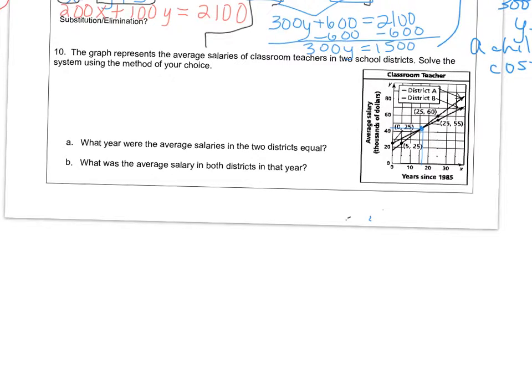So I'm going to just say approximately year 16 and approximately $43,000. So that one was actually a very simple one to interpret just using the graph.